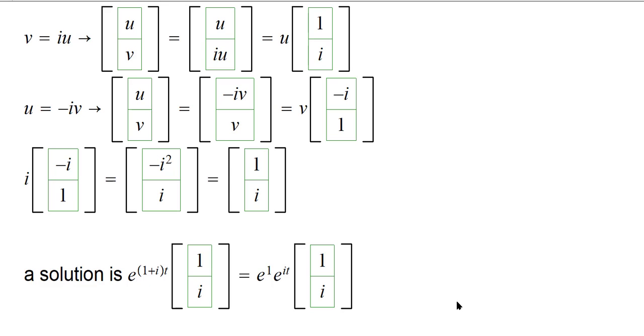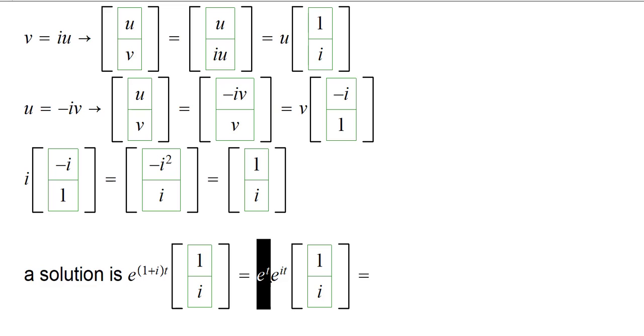And if you work with any other eigenvector you obtain, you will find the same solution. By the way, here 1 times t should be a t. Now we have e to the t, and then e to the it.